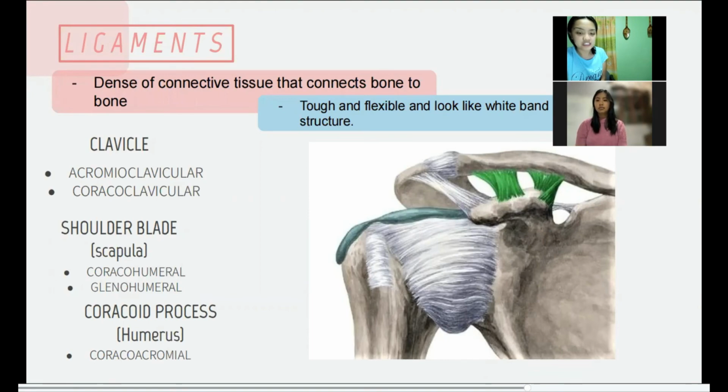The clavicle has two ligaments involving the shoulders, which help it stabilize the nearby bony structures, namely the acromioclavicular ligaments and the coracoclavicular ligaments. The shoulder blade or scapula also has two ligaments, namely the coracohumeral ligaments and the glenohumeral ligaments. The humerus has one ligament, the coracoacromial ligament.